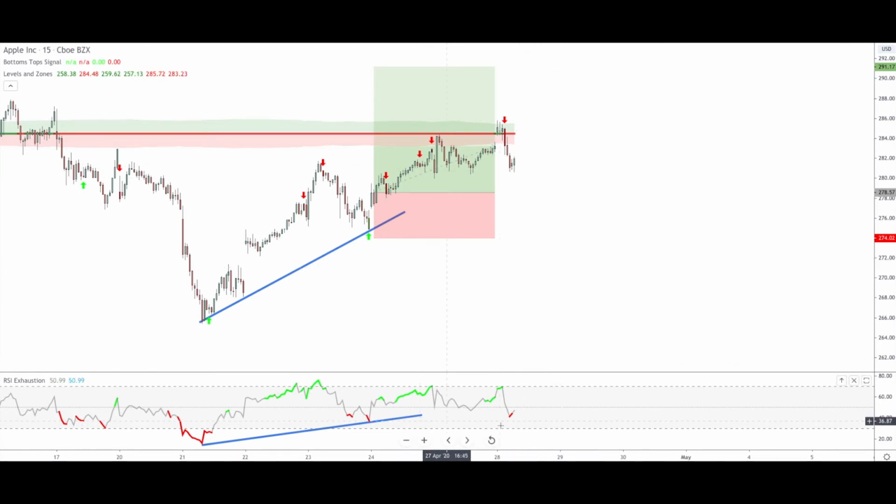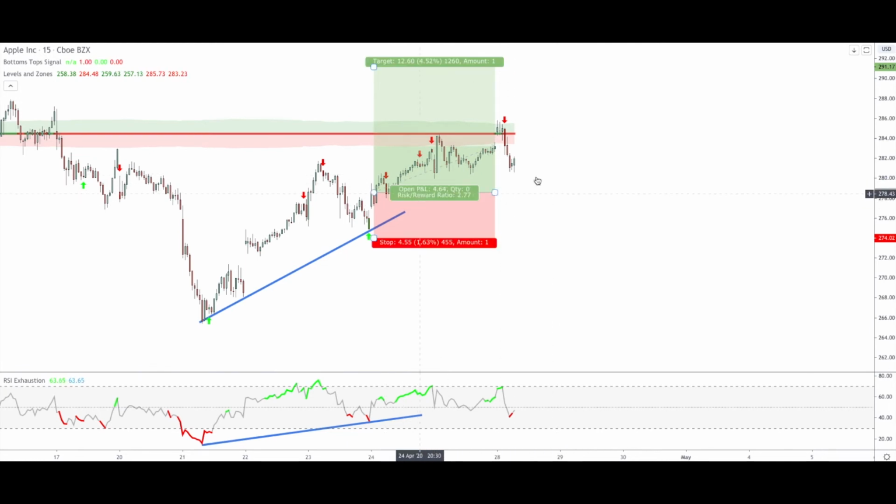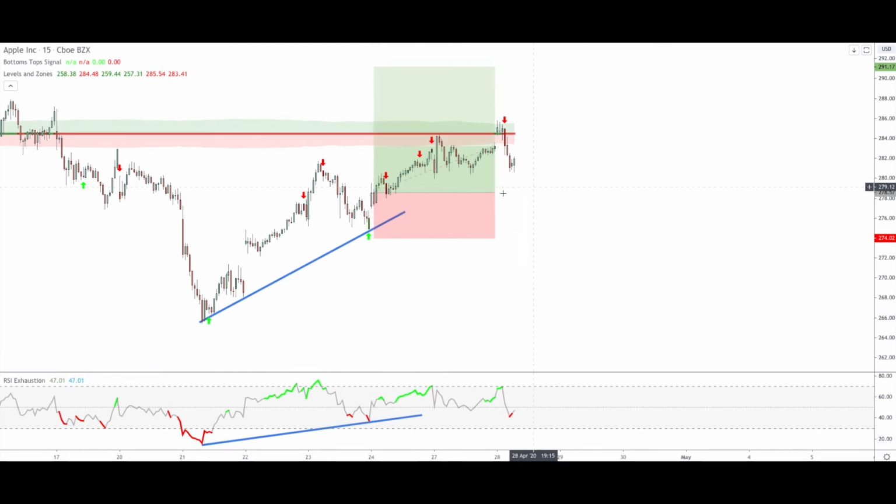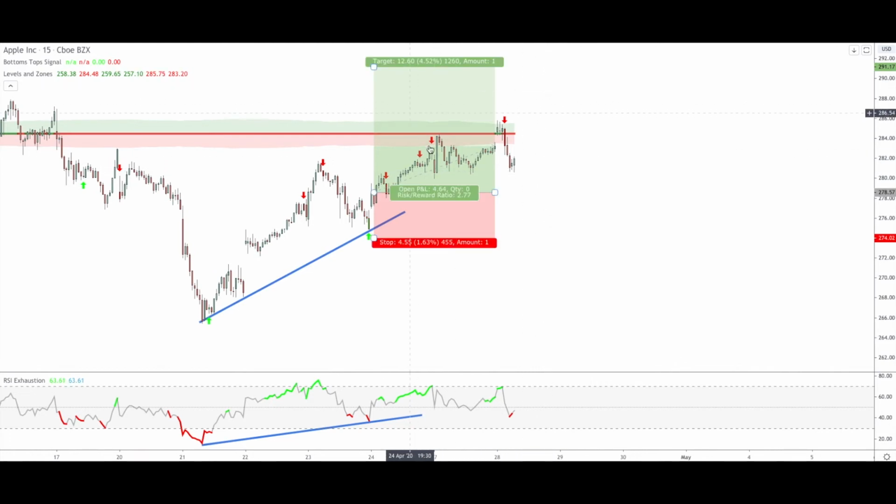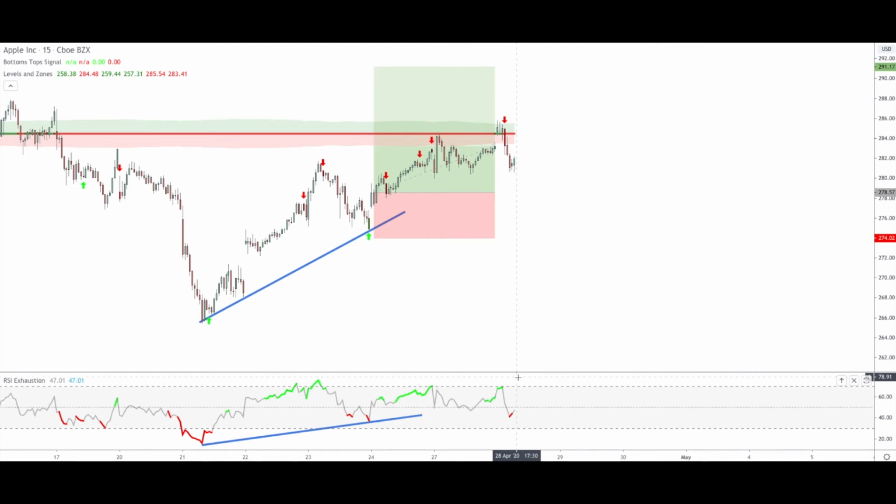But the RSI is still moving higher, so our initial analysis is still correct, because the price movement is still supported by the overall technical movements that are taking place.